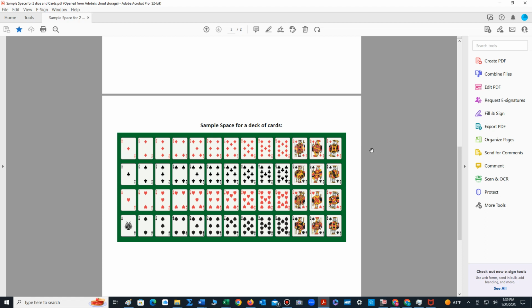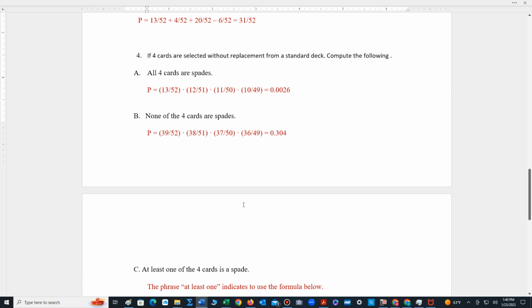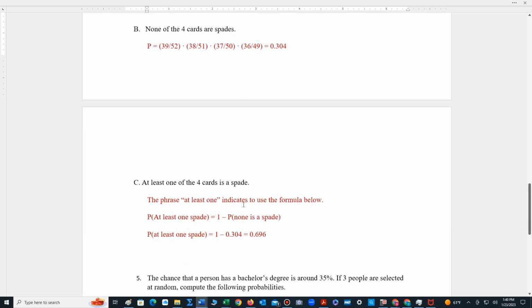So 13 times 3 is 39 out of 52 for the first card. And then once again, we just reduce it by 1 because we're removing a card for each selection. So then 38 out of 51 times 37 out of 50 times 36 out of 49, which is 0.304.